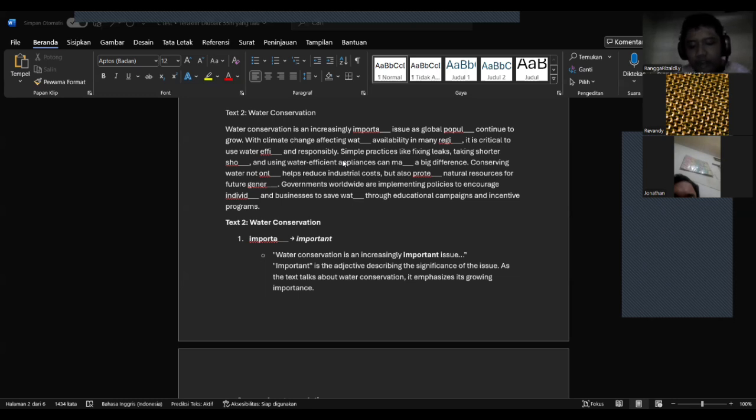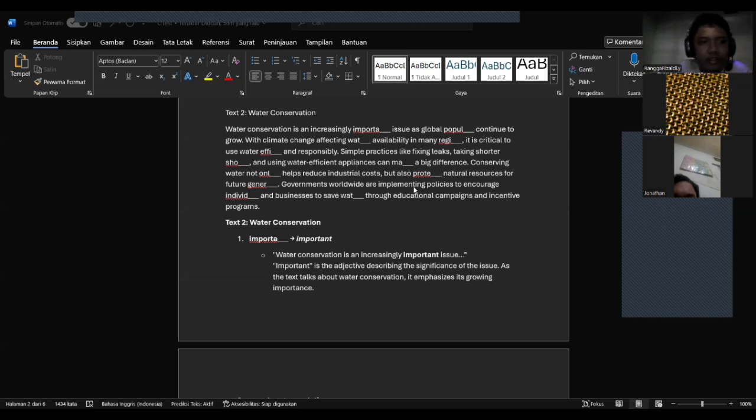Governments worldwide are implementing policies to encourage individuals and businesses to save water through educational campaigns and incentive programs.